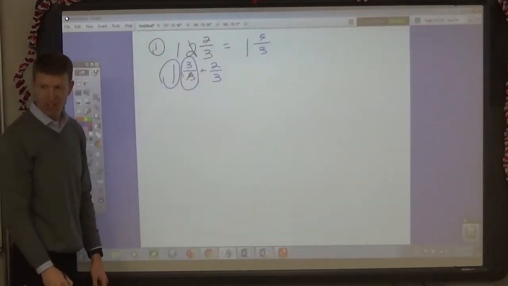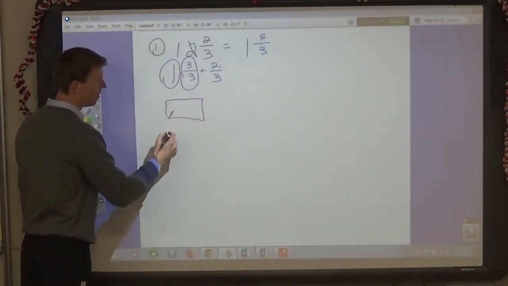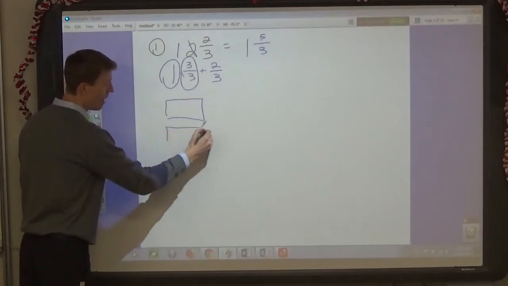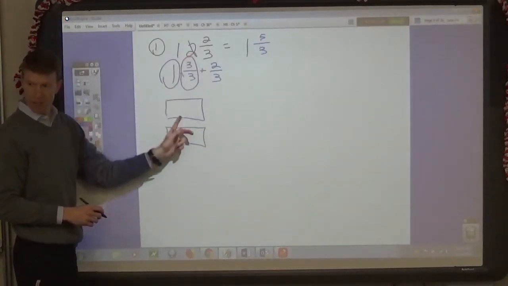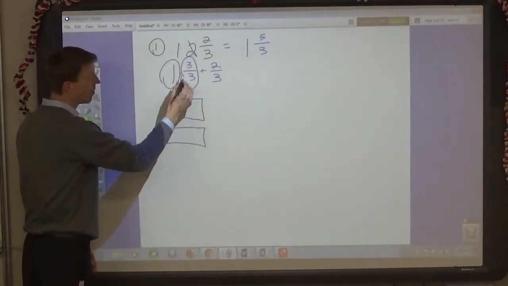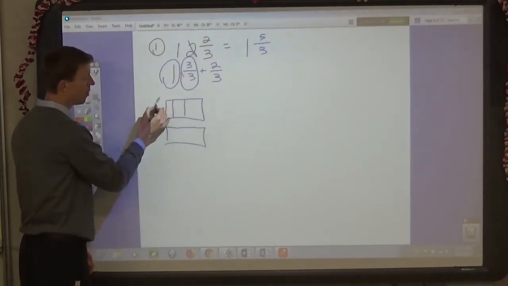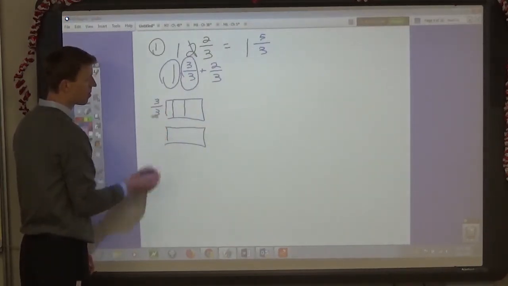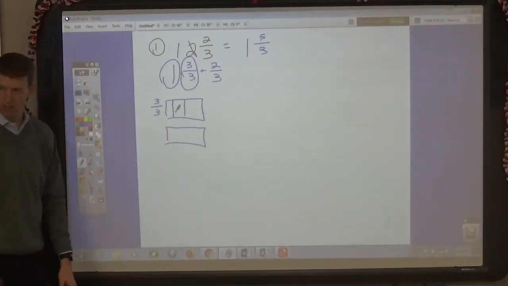Okay? Remember when we drew this out before? Imagine starting with 2. Here's our 2. Taking 1 away and making that 1 into 3/3. So now you have 1 and 3/3.